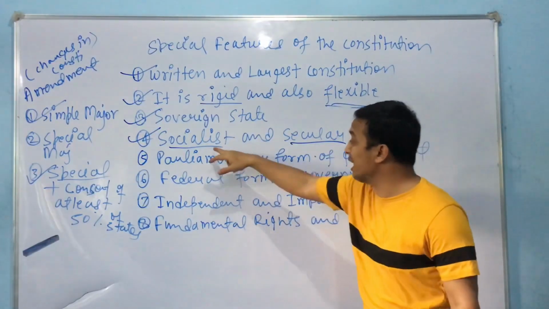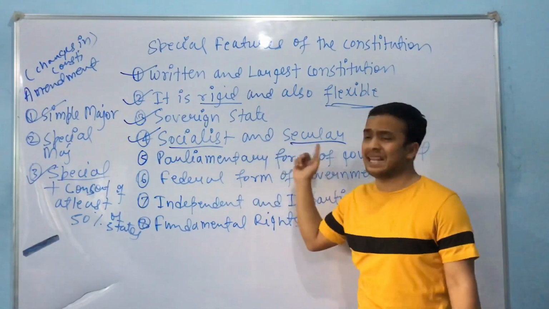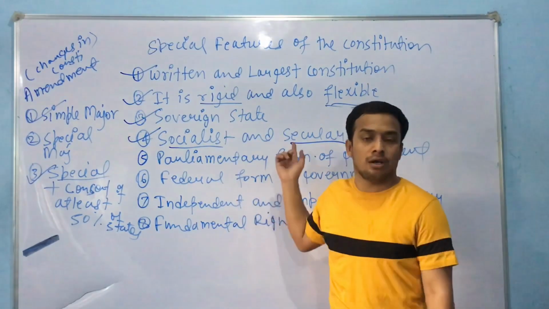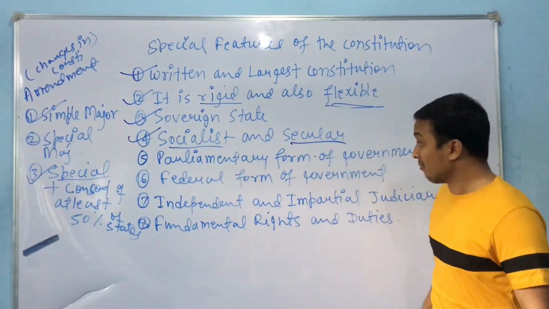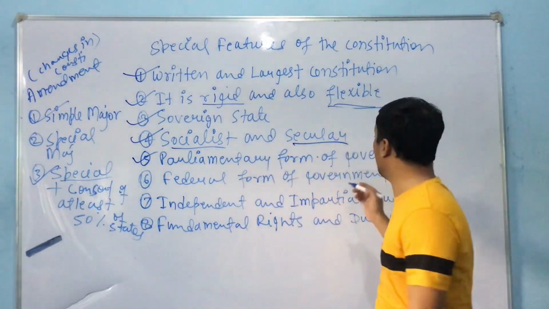So socialist as well as secular. Okay, अभी हमने डिस्कस किया था these two words that have been added by the 42nd constitutional amendment in the constitution. Got it? So next we are going to discuss about the parliamentary form of government.